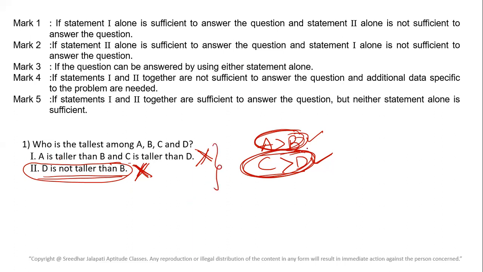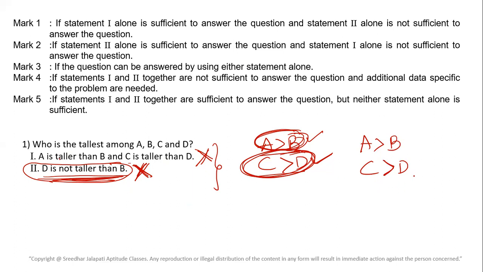So on combining, I know A is taller than B from the first statement, C is taller than D from the first statement as well, and the second statement says D is not taller than B. If D is not taller than B, in what way will that tell you who is tallest here?